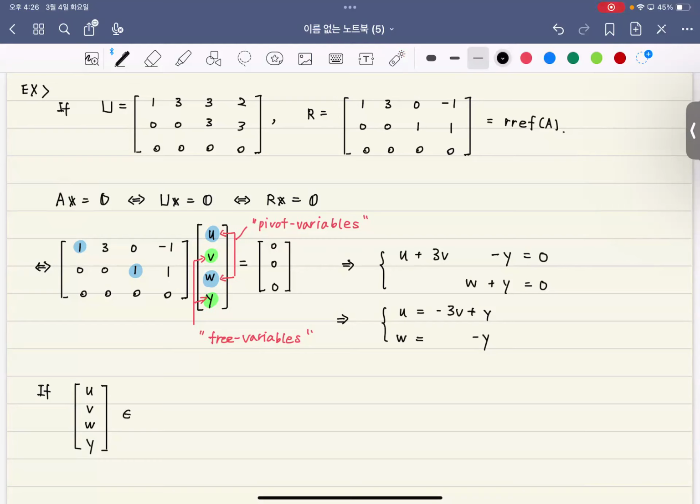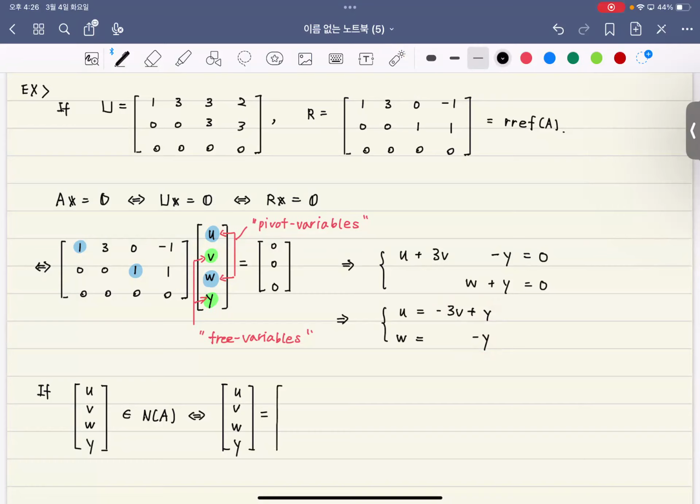So this vector is a member of the null space if and only if u, v, w, y, well, now I want to replace each of these pivot variables by these two expressions.